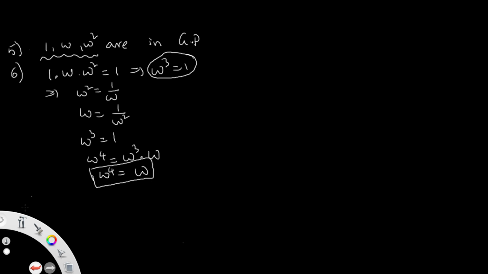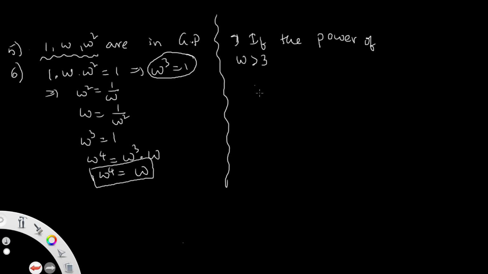This is over. But more, the seventh point: if the power of omega is greater than 3. If it is 4, okay, omega power 5, okay. Suppose omega power 10 or omega power 12 is there. What should we do? The simple shortcut is the same as in complex numbers, which we already learned.